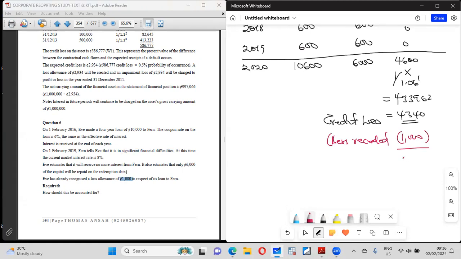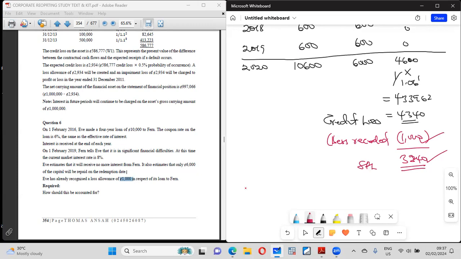Meaning that they should record an extra what? 3,340. Do you remember in your undergrad or in your SS, we said increase in provision for bad debt is treated as what? An expense. So you see, they recorded this. The increase is also going to the SPL as an expense. All right, it's the same thing.